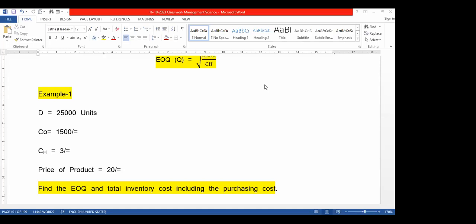Yes, what is the total inventory cost, including purchasing? Total inventory cost, including purchasing cost? Quickly.